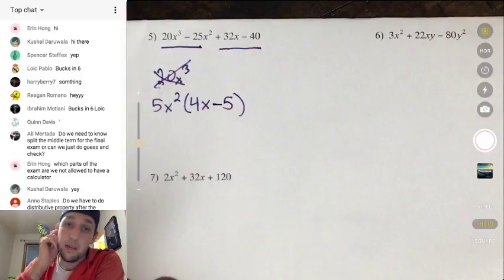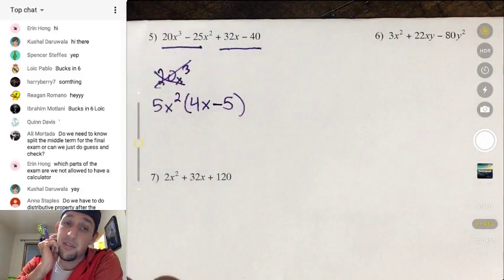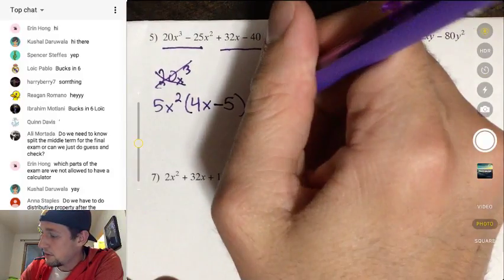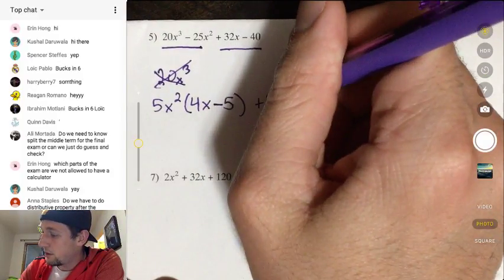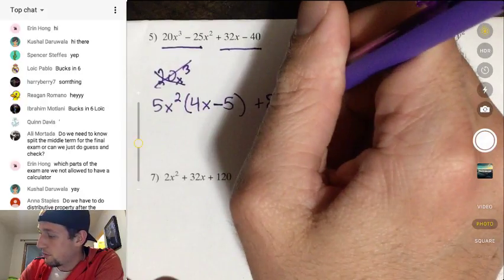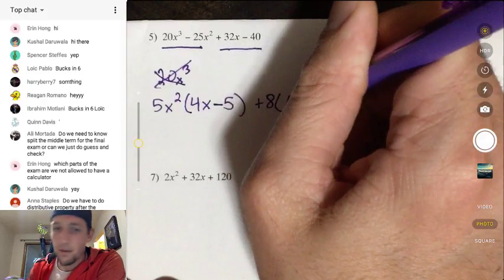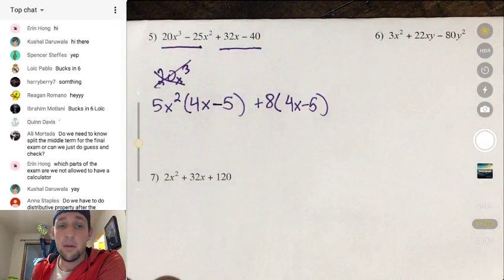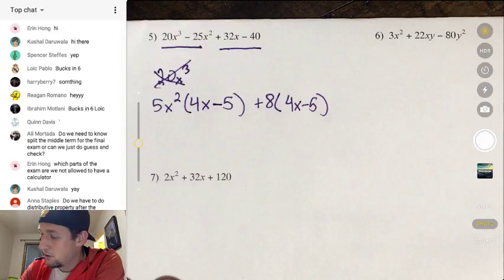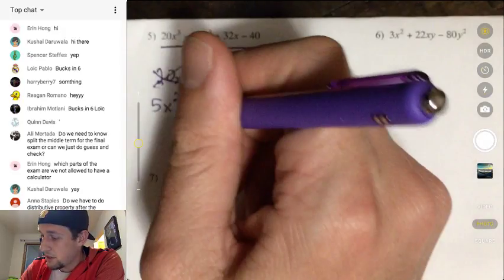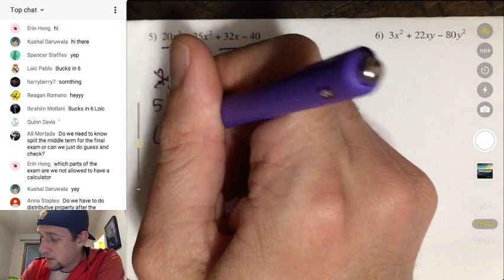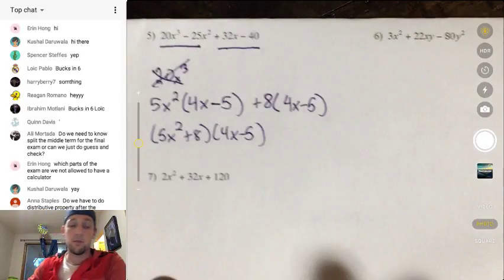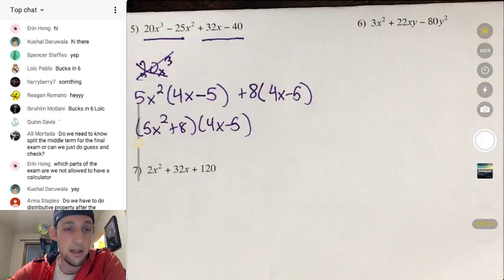Same thing for the second two. The GCF of 32x and 40 is 8, so I'm going to take out an 8, and I'm left with, you guessed it, 4x minus 5. Combine those together, and we've got 5x squared plus 8 and 4x minus 5, because our parentheses did match. That was very similar to what we just did in splitting the middle term.